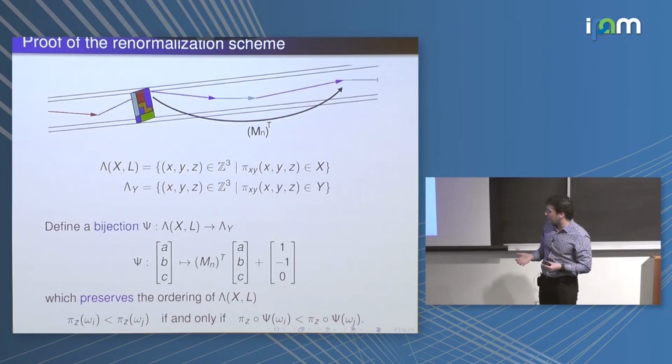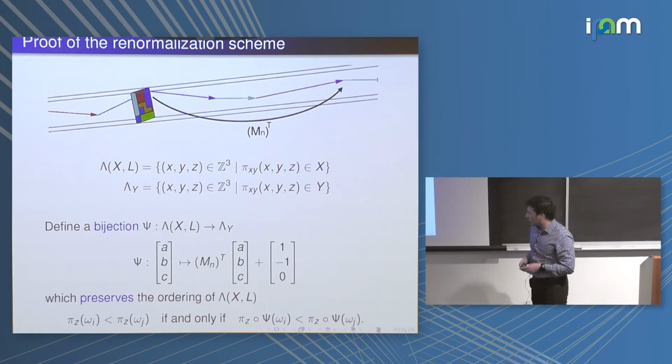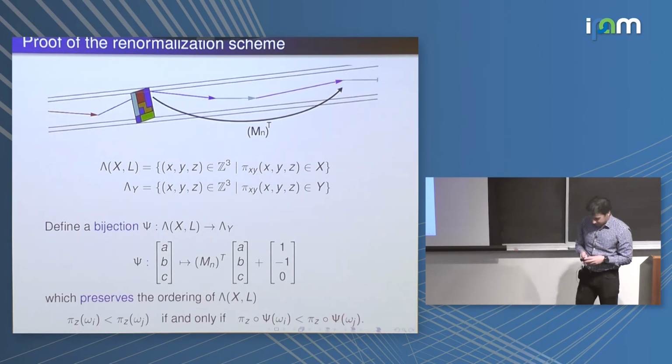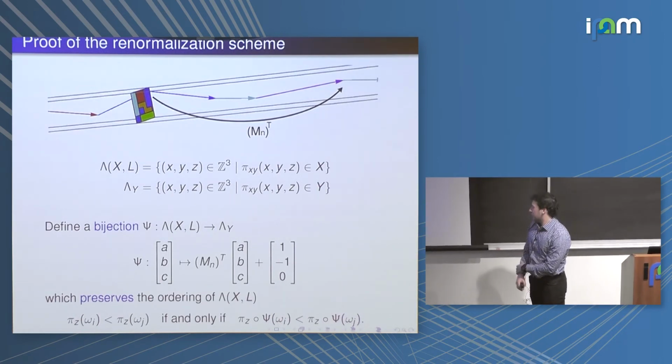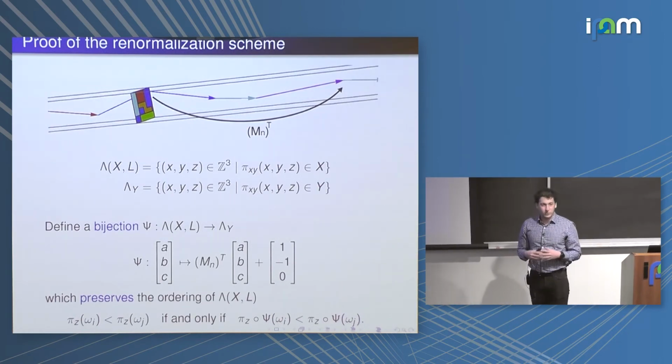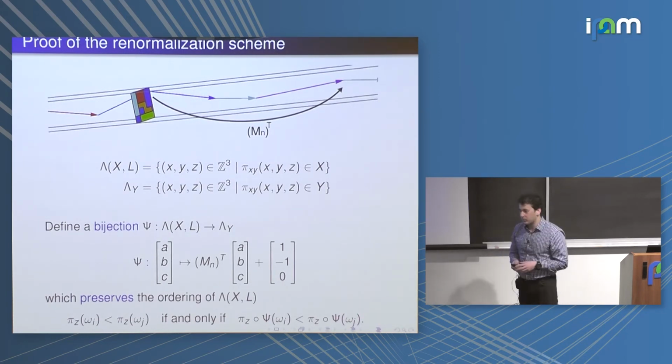That's going to give me a bijection. So therefore, I can use this map psi here to compute the first return map. So this is really nice because you don't have to do any computations to compute the first return map. And the same proof works for any domain exchange map in this family.